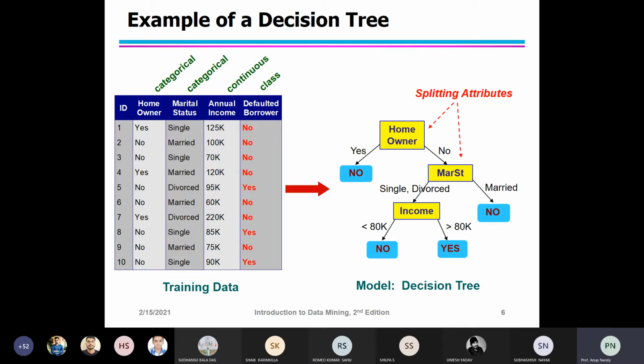Now internal nodes: each of them has exactly one incoming edge and two or more outgoing edges. That is called the internal nodes.